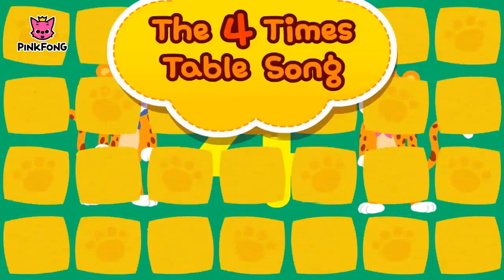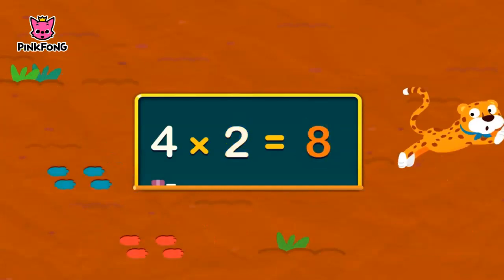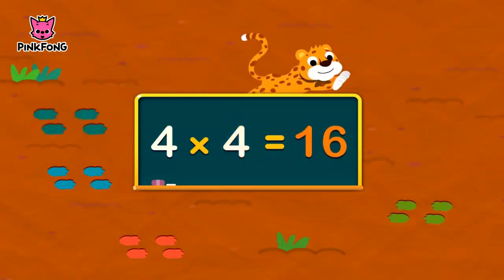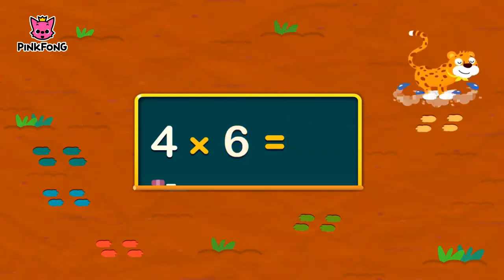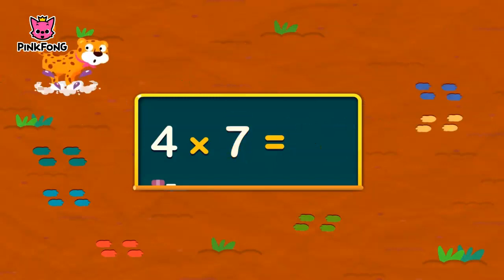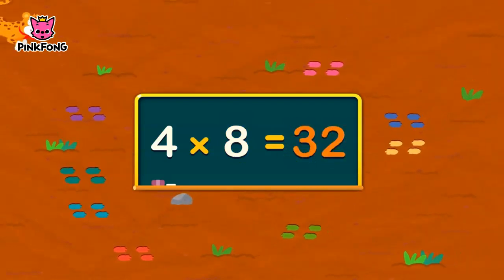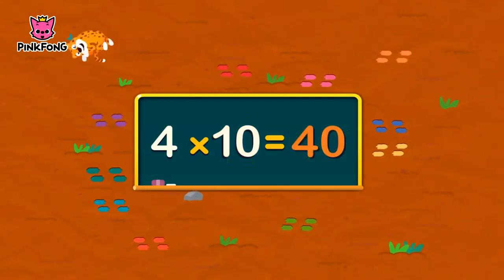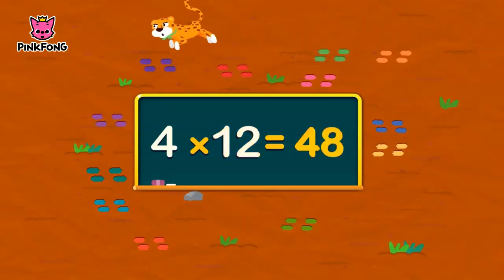More! It's time for 4! 4 times 1 is 4. 4 times 2 is 8. 4 times 3 is 12. 4 times 4 is 16. 4 times 5 is 20. 4 times 6 is 24. 4 times 7 is 28. 4 times 8 is 32. 4 times 9 is 36. 4 times 10 is 40. 4 times 11 is 44. 4 times 12 is 48.